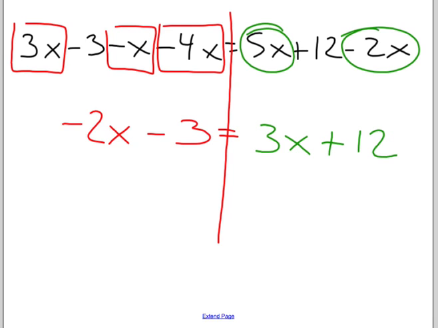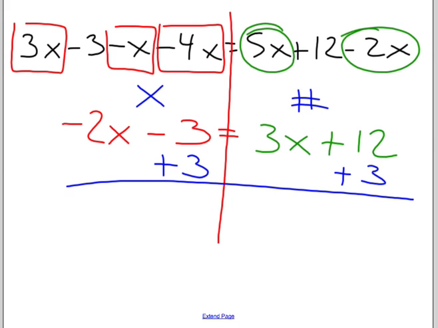And that gets us to the problem that we had today, where we want to put our numbers over here, and then our x's on this side. So I need to get this minus 3 moved over by adding 3. So negative 2x equals 3x plus 15.